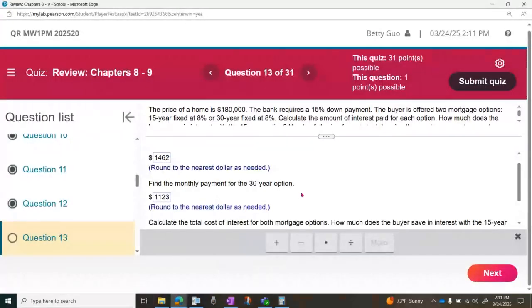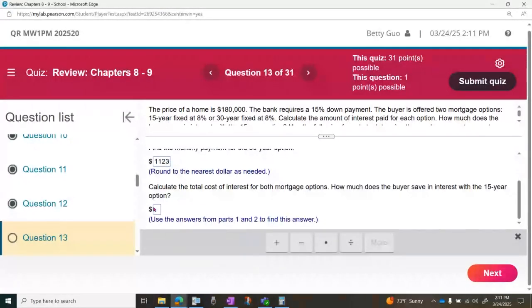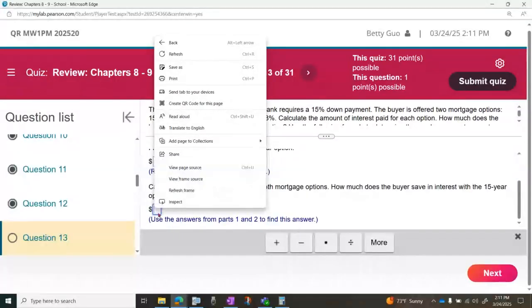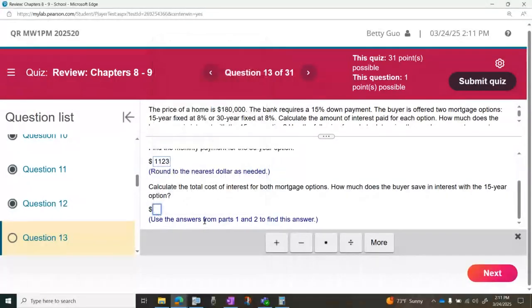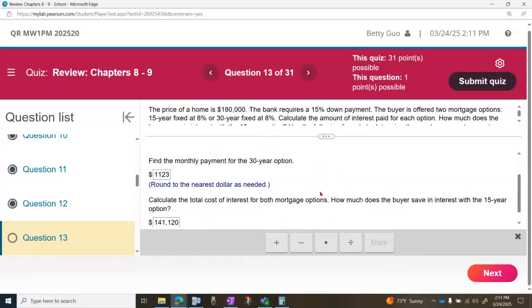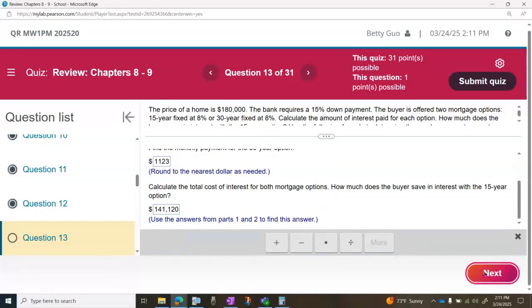That's the difference of the cost. That's a lot, right? 141,000. The house is only 180,000. Normally, if the time is longer, the interest rate is supposed to be lower. All right, so that's it.